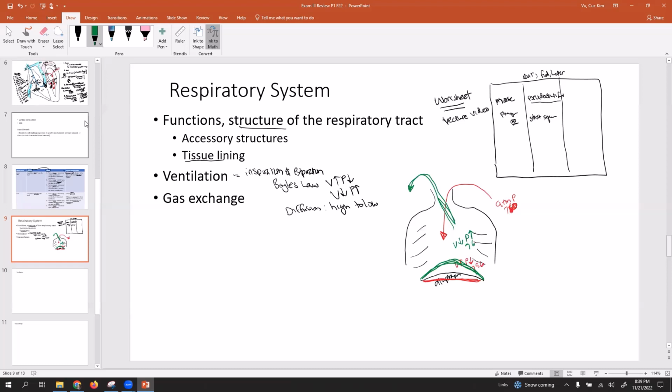Okay, all right. Gas exchange was the other one. So under gas exchange, it occurs twice. When does gas exchange occur in the respiratory system?